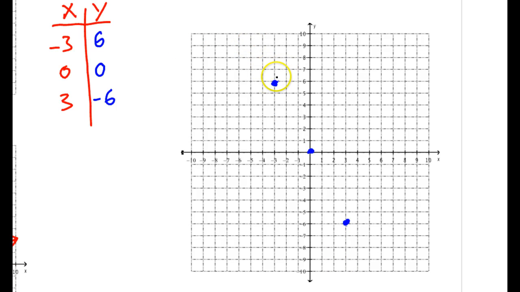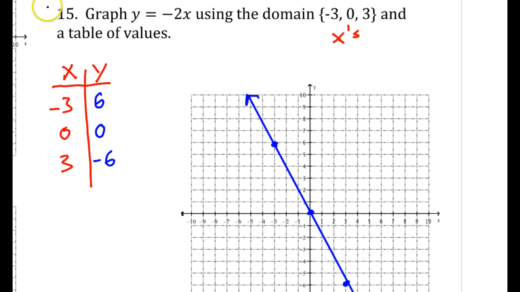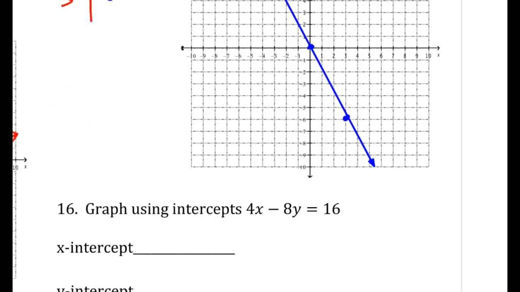And then use a straight edge and connect those. Yeah. Very important to follow the directions. And so what if you had the right graph, but not the table of values, and you didn't use the domain? Well, you haven't answered the question. Make sure you use that.